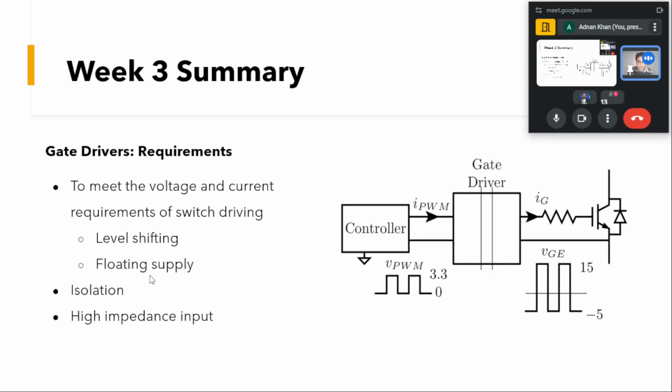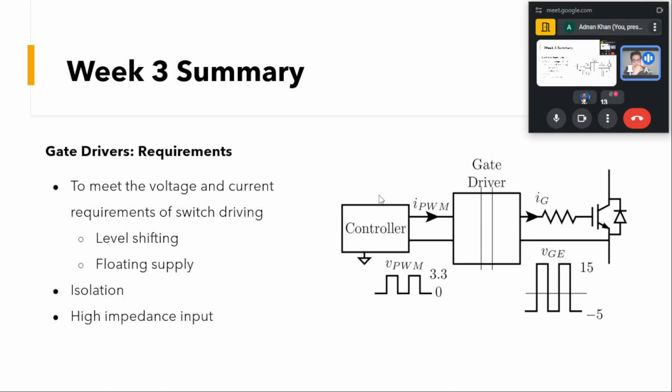Floating supply should have this, so that it can apply the turn on to this device with respect to this floating voltage at point A.